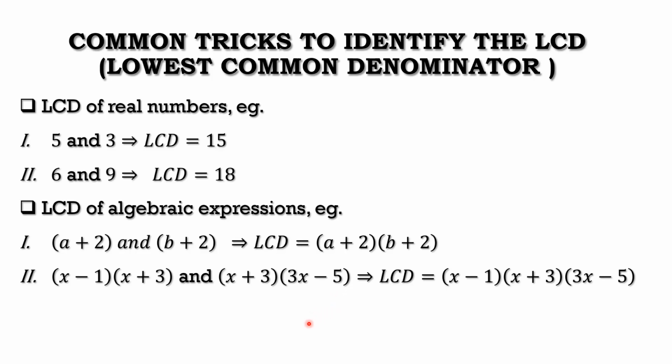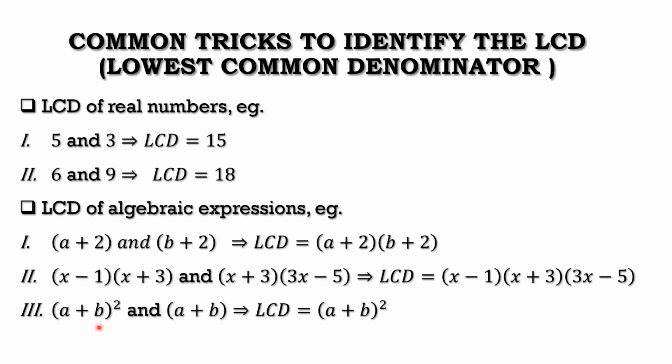So if I want to write the LCD, I will write s minus 1, 3s minus 5, and only take one of the s plus 3 because s plus 3 is a common factor between the two expressions. So the LCD for these two expressions, where s plus 3 is repeating itself, will be s minus 1, s plus 3, 3s minus 5.